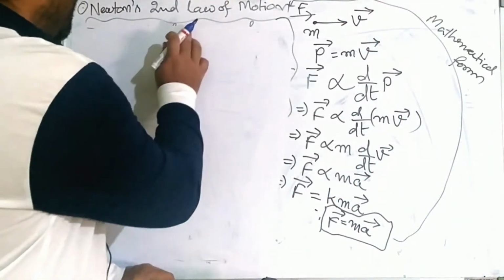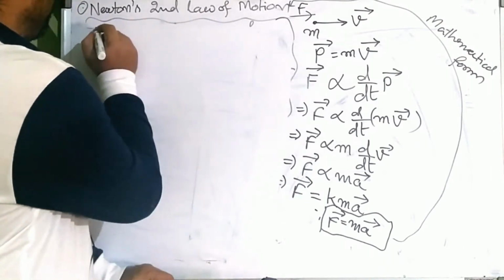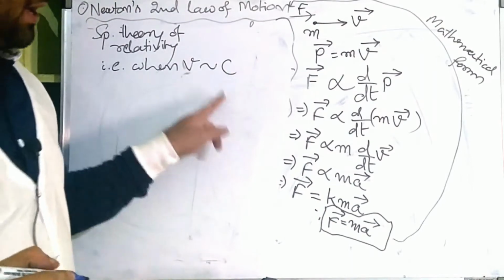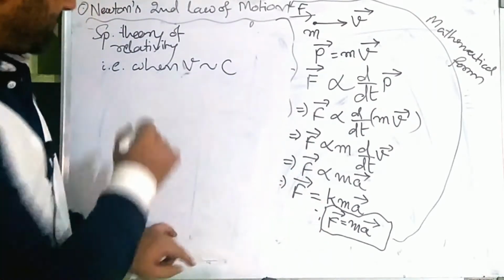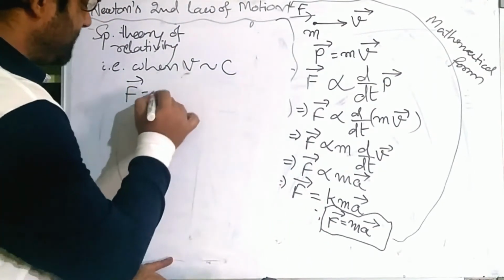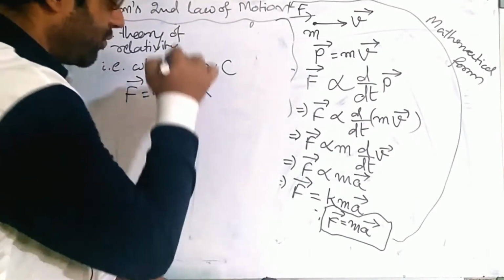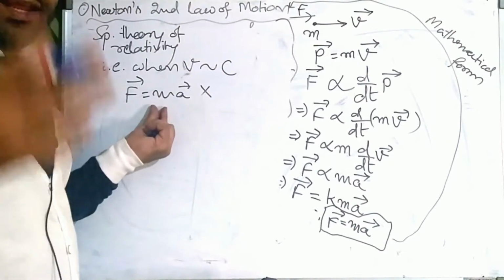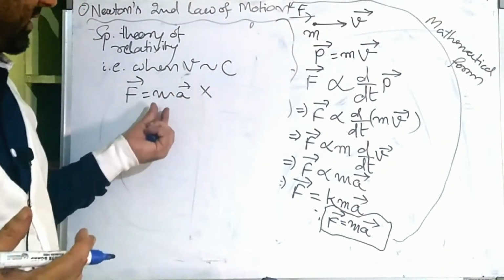Now again, in the case of the special theory of relativity, when the velocity of the body is comparable with the speed of light, F is equal to ma no longer holds good. Because in the relativistic case, mass is a variable, and the rest mass concept comes in.